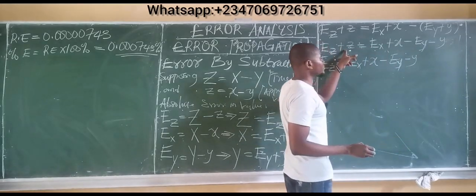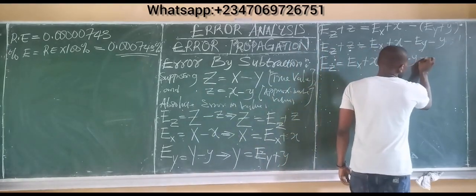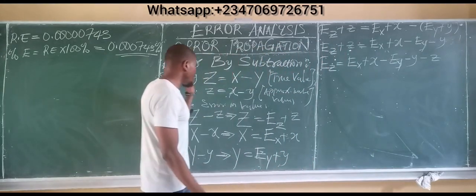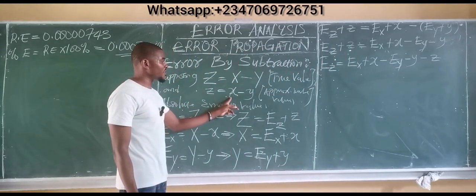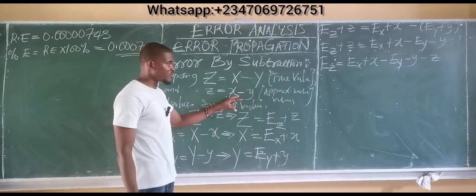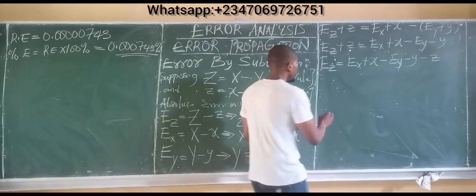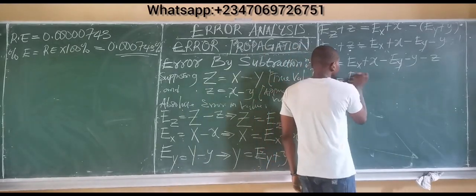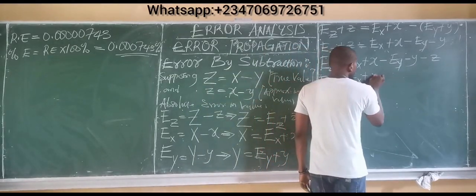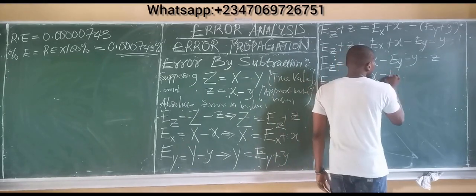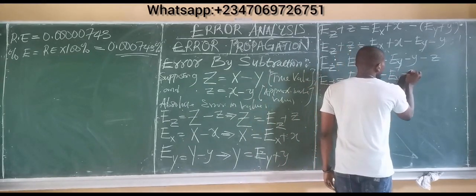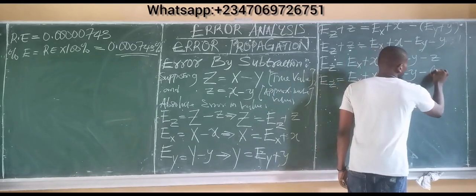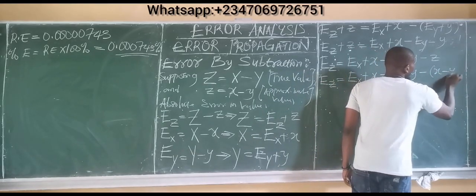Now if positive z crosses over, it becomes negative z. But not forgetting the approximate value of z is given here as x minus y. So error in z is error in x plus approximate value of x minus error in y minus approximate value of y minus, in place of z, x minus y.